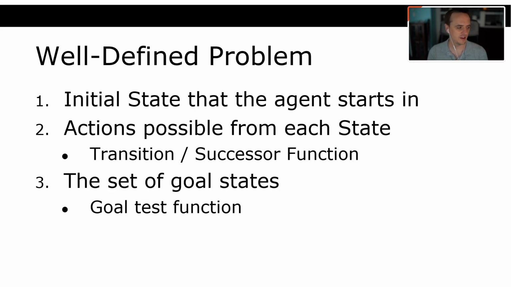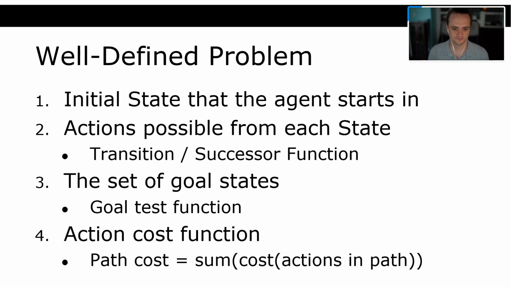We also need the set of goal states that will tell us that our problem has been solved. So this may be a goal test function. We also need an action cost function. So how much do actions cost in our environment? And then the resulting path, so the sequence of actions, the path cost is going to equal the sum of the cost of the actions in the path, okay?